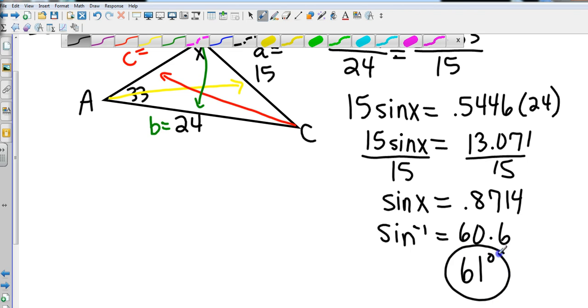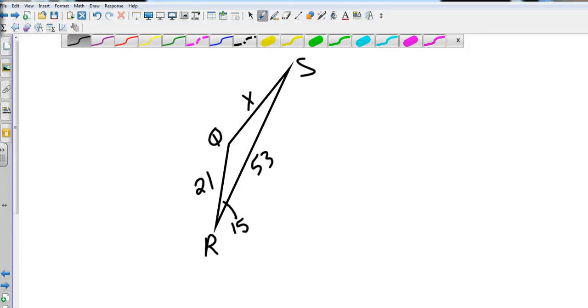Okay, so again, we didn't have an included angle between the sides, so that's why we use law of sines. The next one is going to be law of cosines. Okay, so notice on this one that our angle R is included. It's 15 degrees. That means we're going to be using the law of cosines.